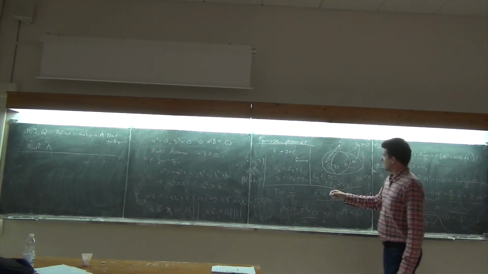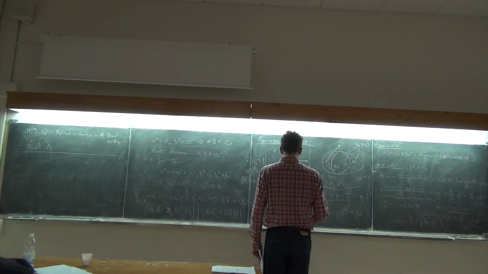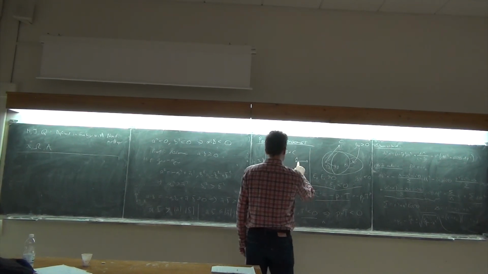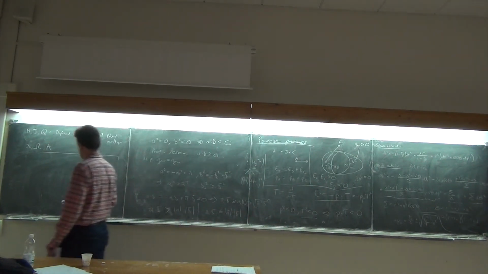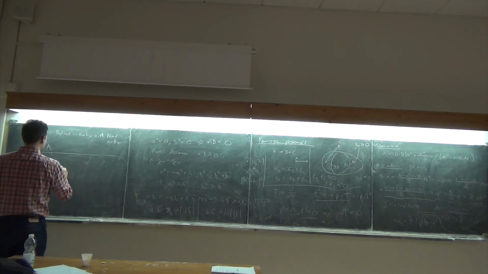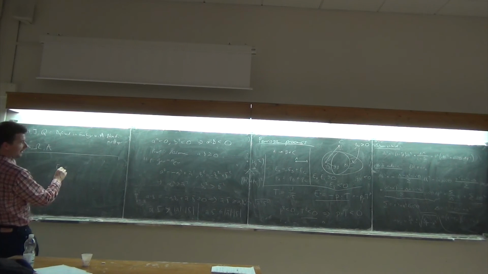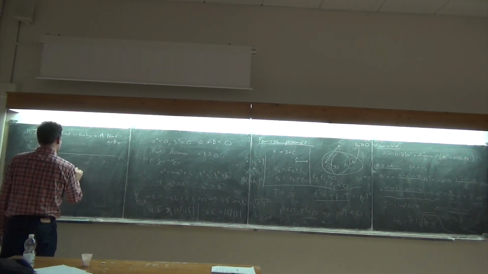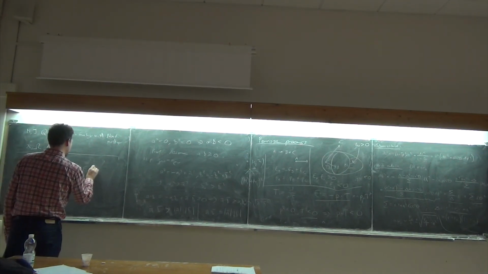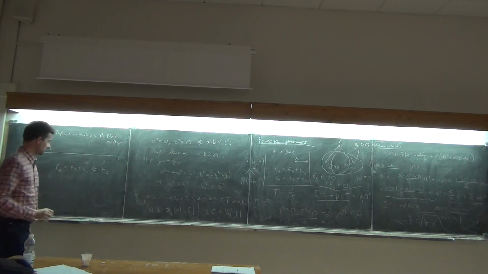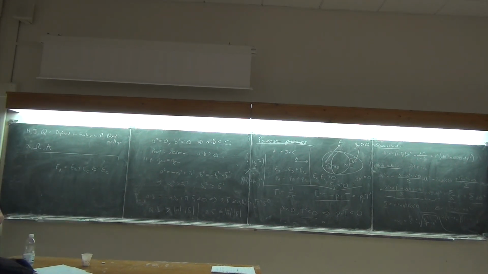Simply because the energy of particle A is equal to the energy of B plus C, but this is smaller than the energy of particle C, since EB is negative, right?